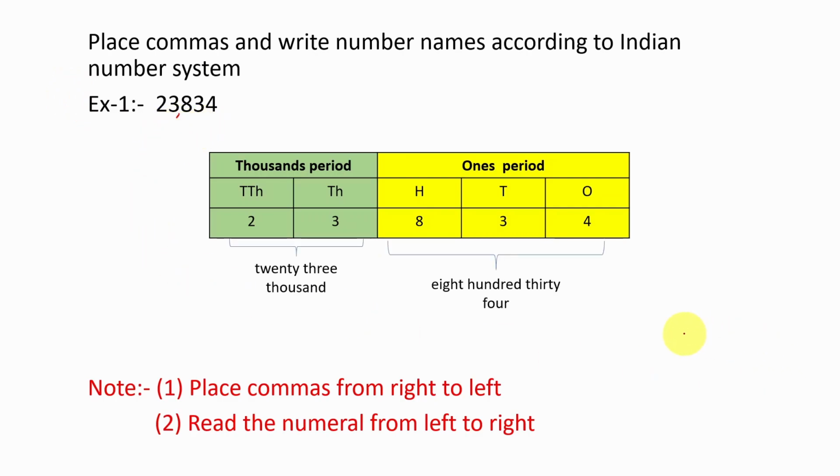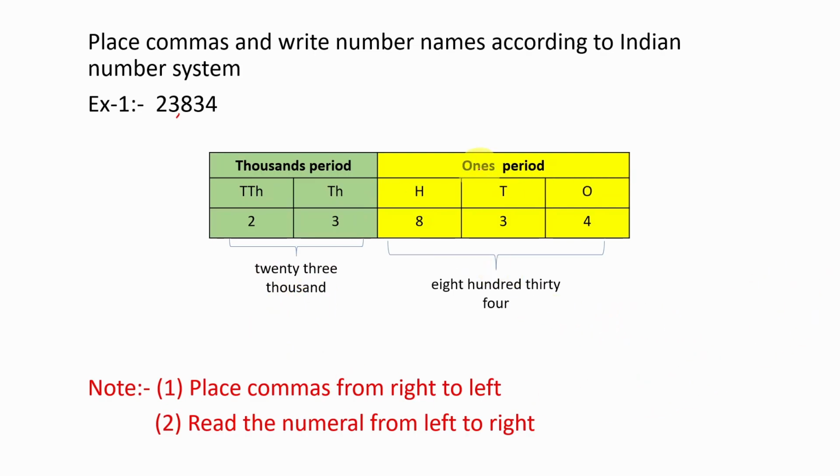Next, how to write the number name? See here, the thousands period. How to read this one? 23,000. We have to read it together. The digits in the 10,000s place and thousands place, we have to read together. 23,000.